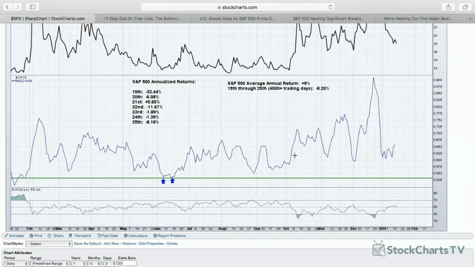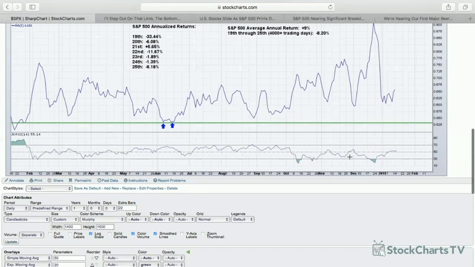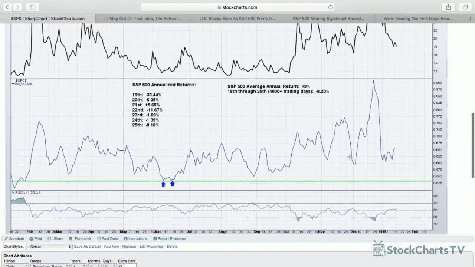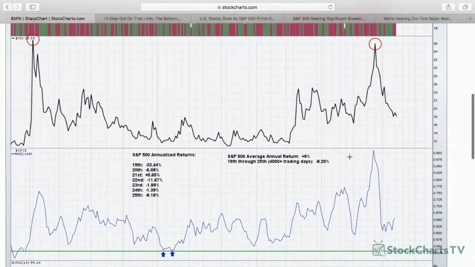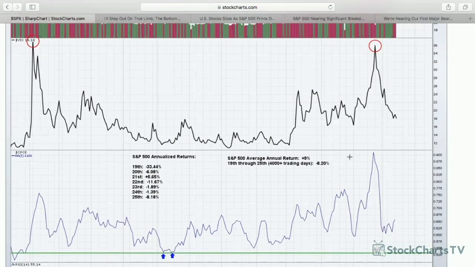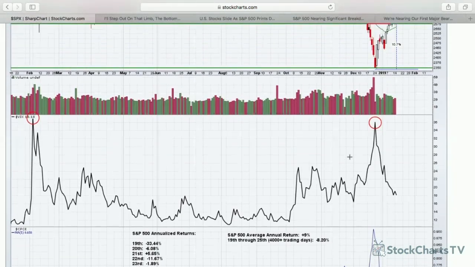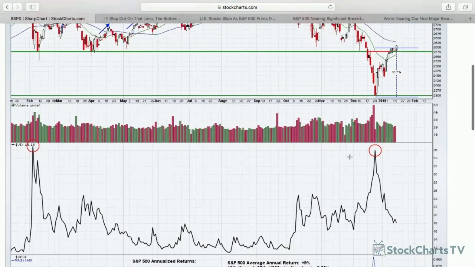So it's just a way to silence all of that noise back and forth and try to find some meaningful information. Maybe you could test it and go with 10 days instead of 5 days. Maybe 3 days is better. I went with 5. I think the 5 works pretty well. I just wanted to show you how this chart is set up, because the other charts I show you as we go back in the prior bear markets, I'm going to have similar looking charts.